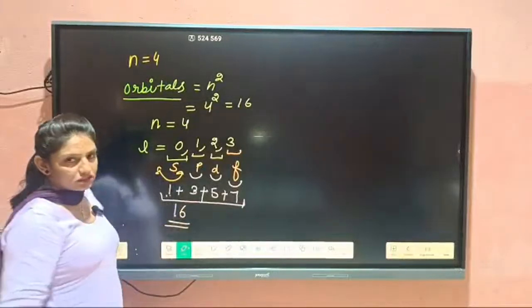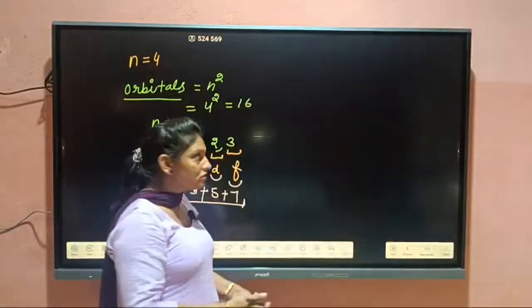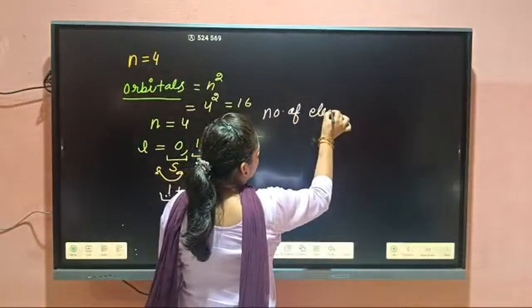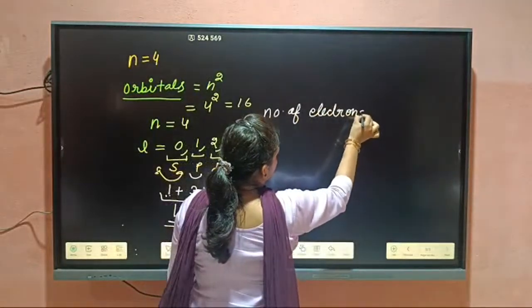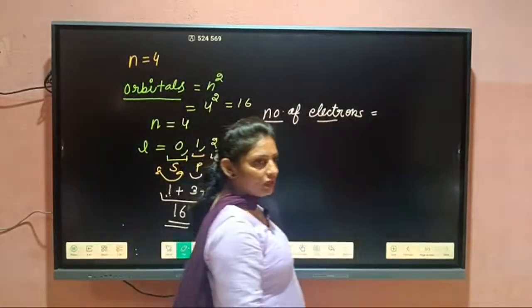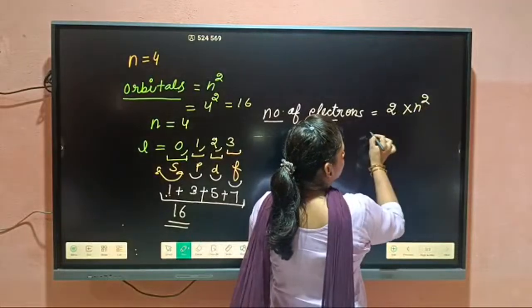16 orbitals. And if I ask about the number of electrons, how many electrons are there? You know very well, you can calculate the number of electrons by using the formula 2n square.